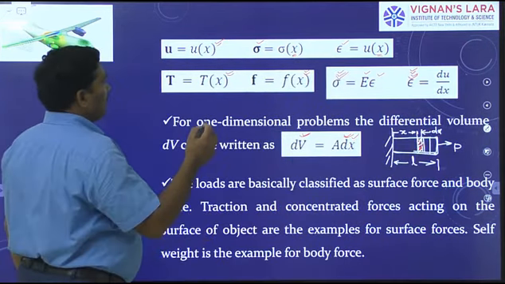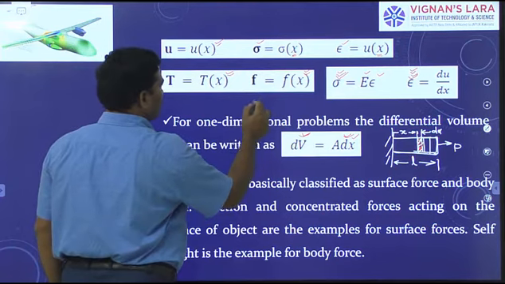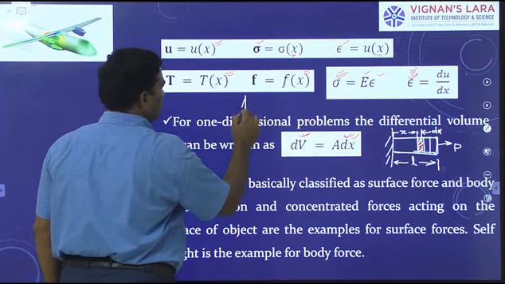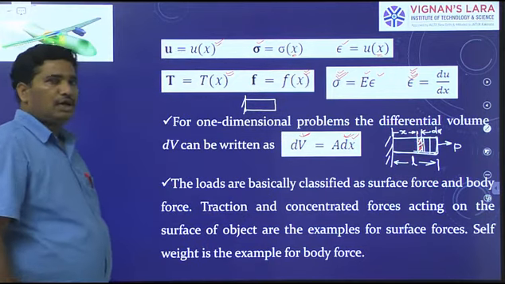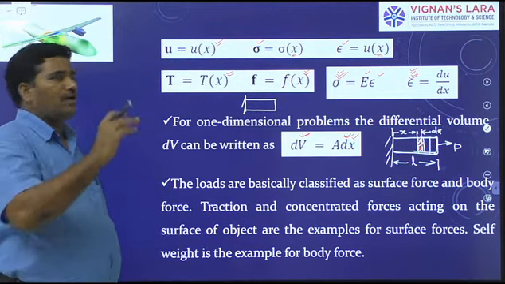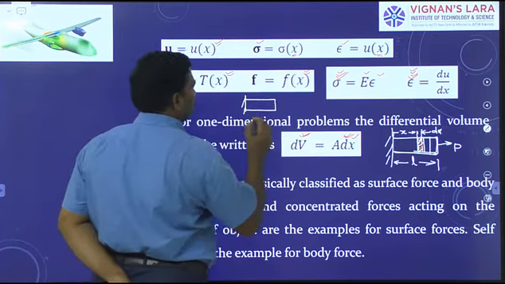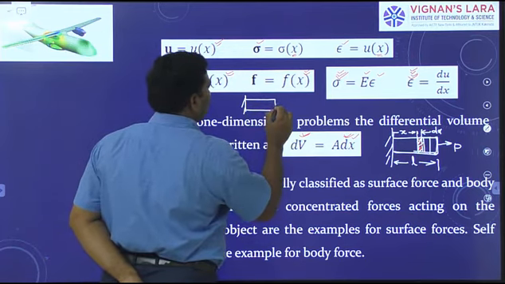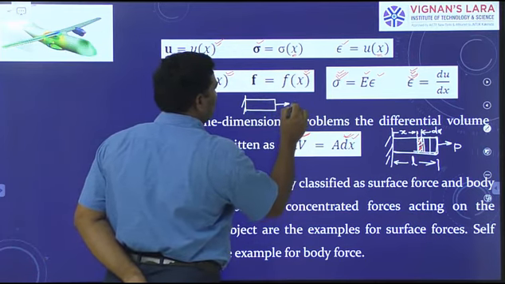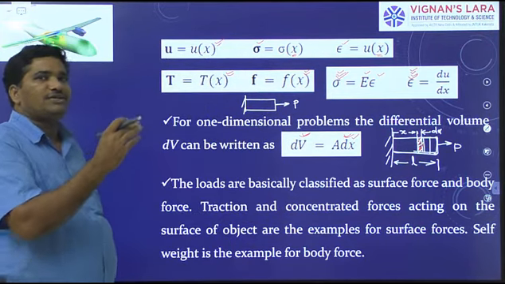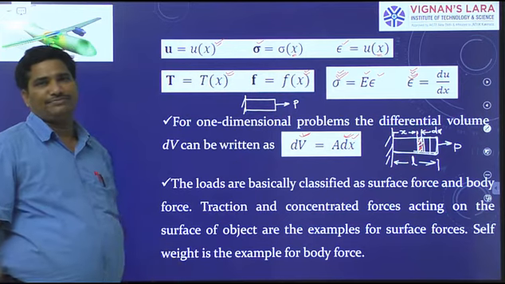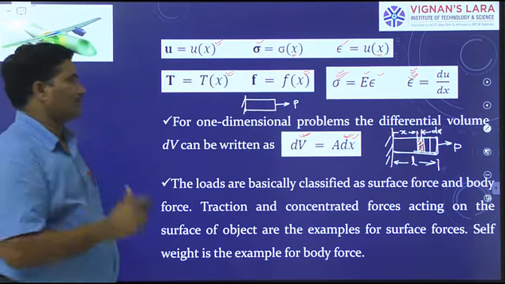So here I take an object like this. Observe, this member has uniform cross section. Now, this is subjected to a force P. Where is it acting here? On the end face of the member. Therefore, it is the surface force.